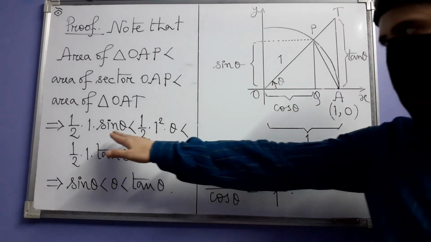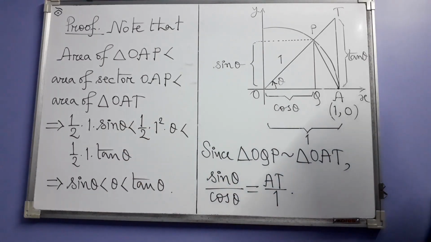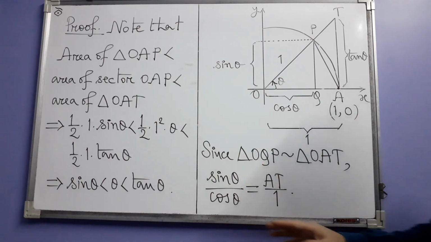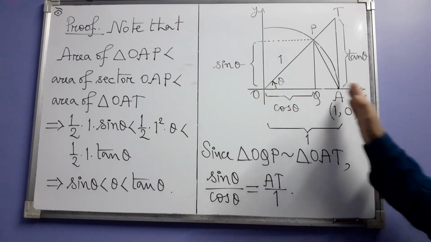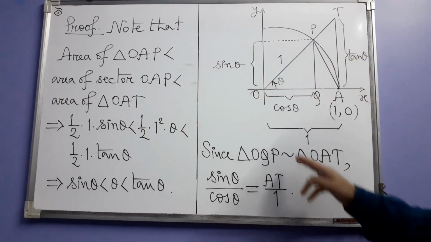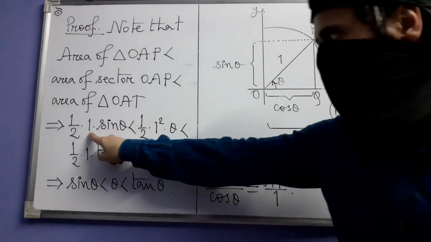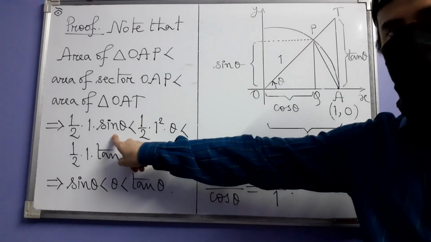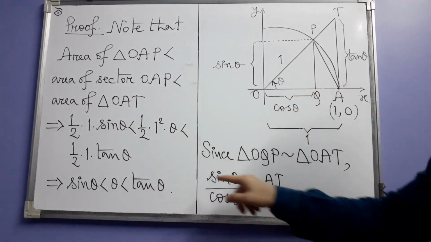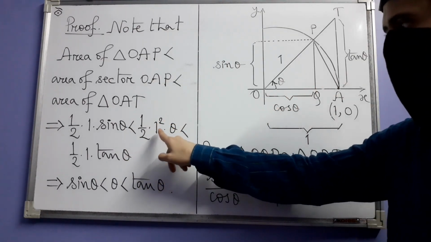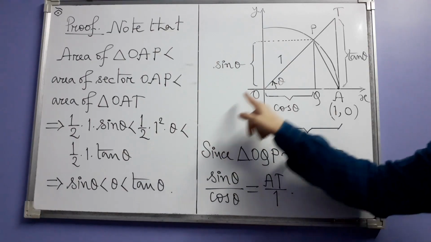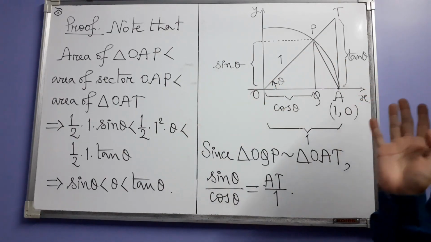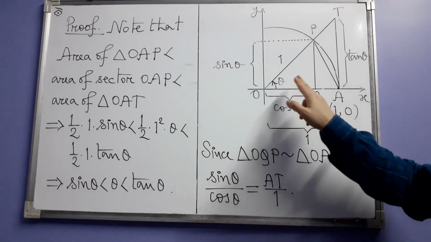Now, if you really calculate these areas, what is the area of OAP? 1/2 of base times height. Base has length 1 and height is sin theta. Area of the circular sector is 1/2 of radius squared, radius is 1, times that theta. Theta is being measured in radians, okay, keep that in mind.